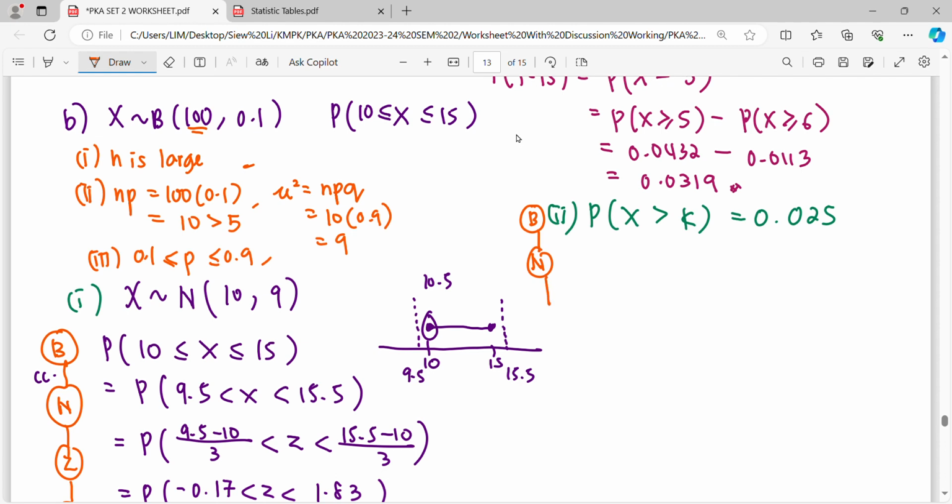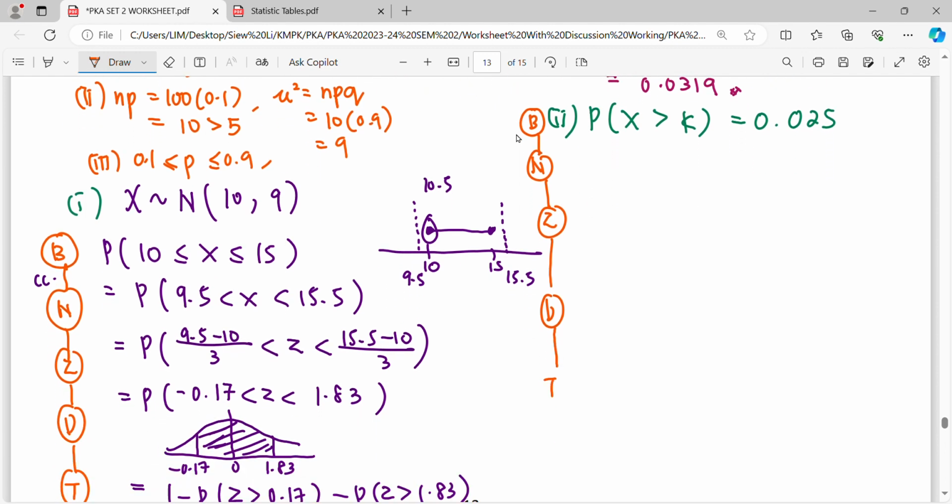Then continue to Z, then draw, and then find from the table to get the answer. So the way to answer number 2 and number 1 is different. This one is finding probability. This one, probability is given. This one is finding the Z value.